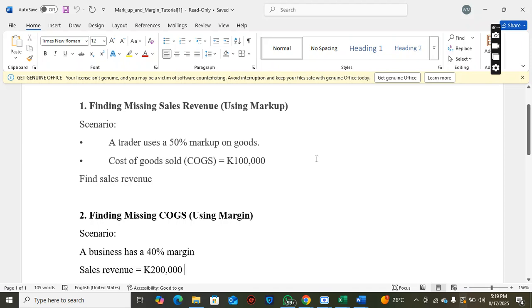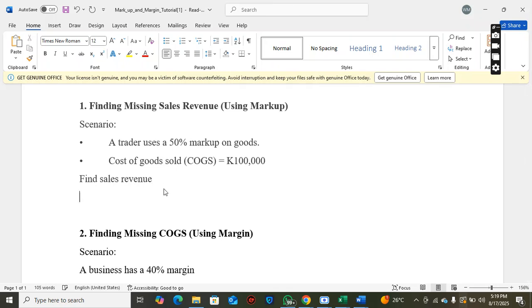So we're going to say sales revenue equals cost of goods sold plus the percentage that is added on the cost of goods sold.